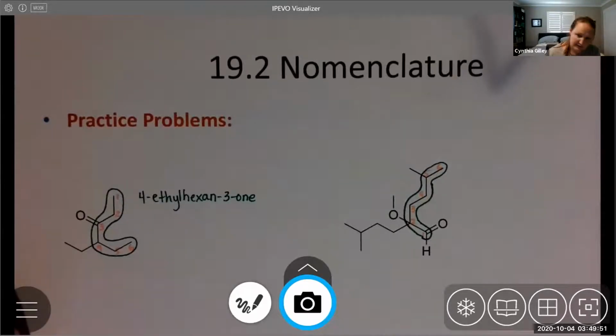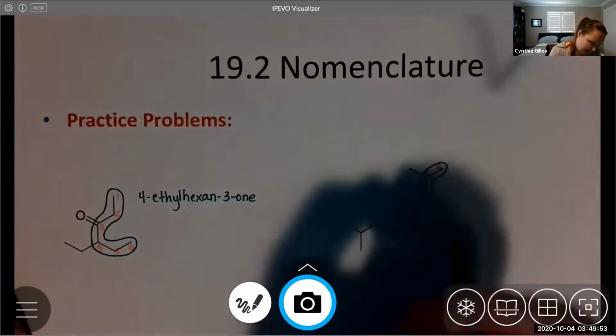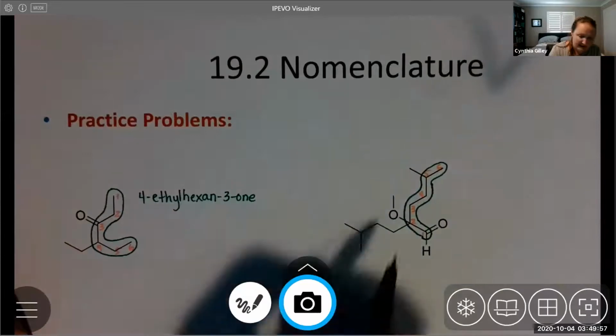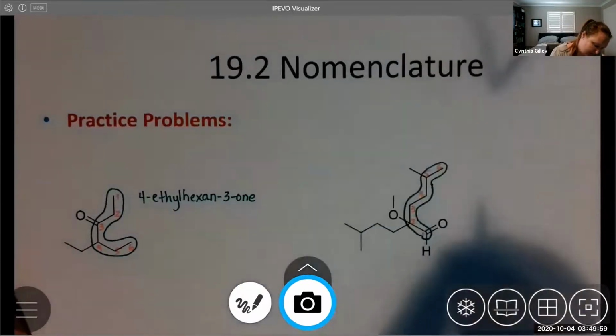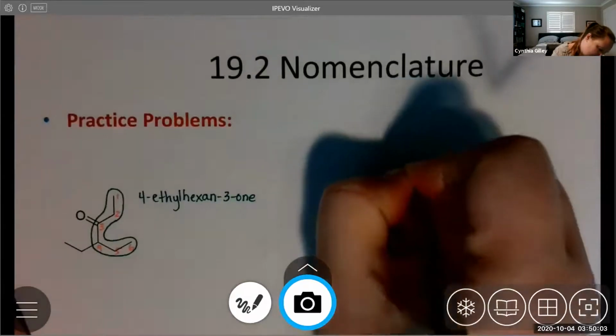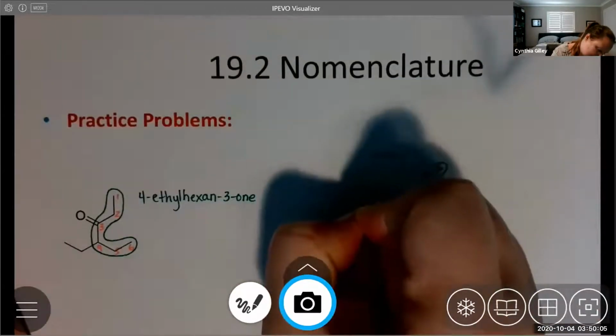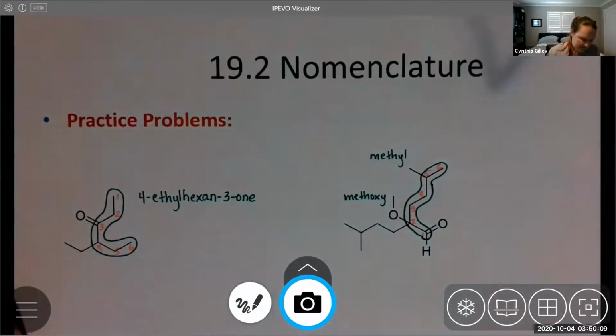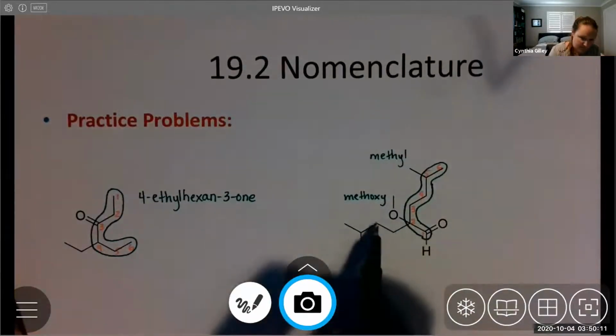So the parent becomes a hexanal. What are our other substituents? We have a methyl group over here, a methoxy group, right? You can even write those out if you want. So methyl, methoxy. Sometimes I do that when I have a lot of groups. And then a 1, 2, 3, 4, 5.